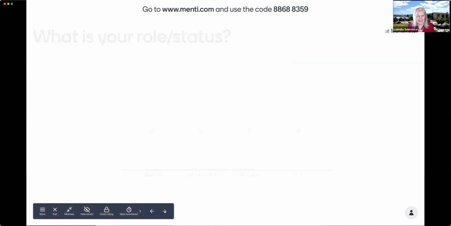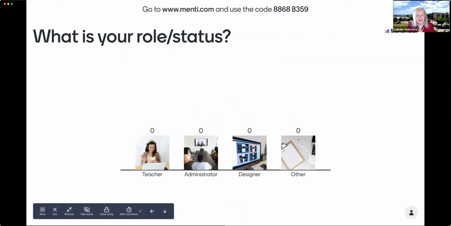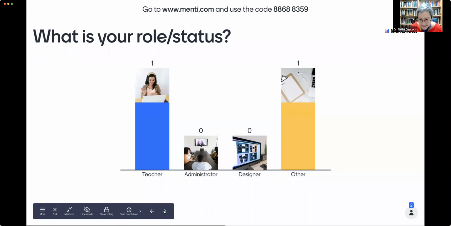Okay, and then the second is, what is your role or status? If you click next, tell us. So who is in the audience? Teacher, administrator, designer, other. If you're an other, can you write in the chat what other you are?